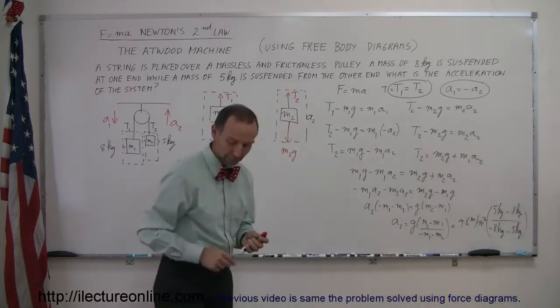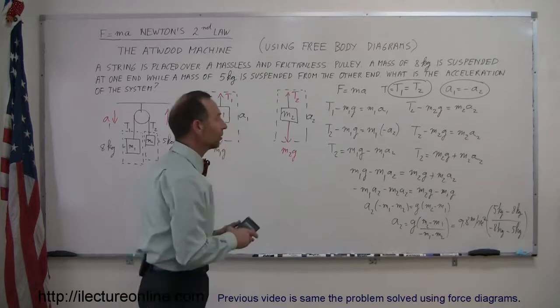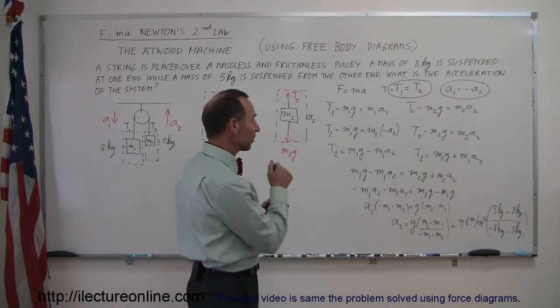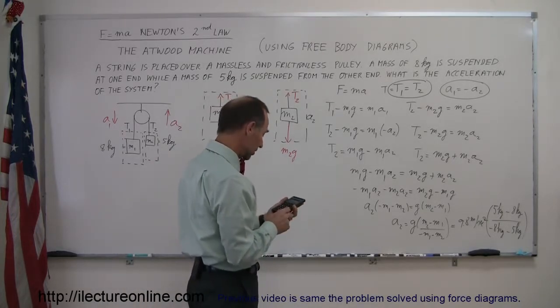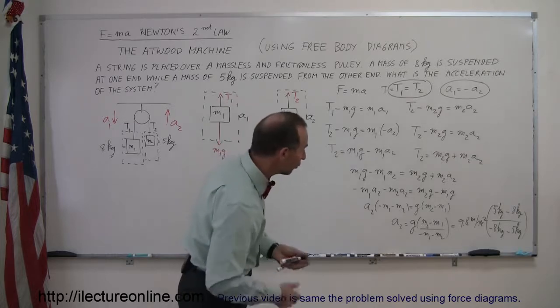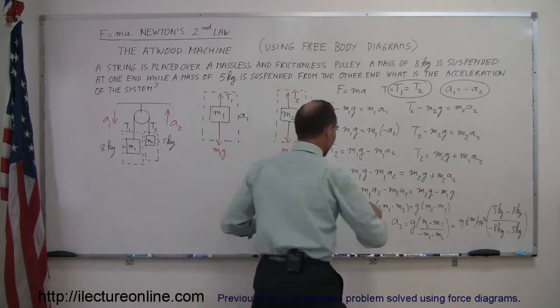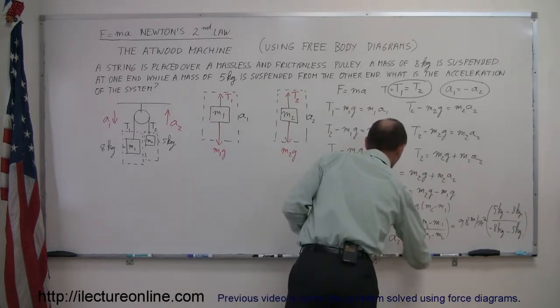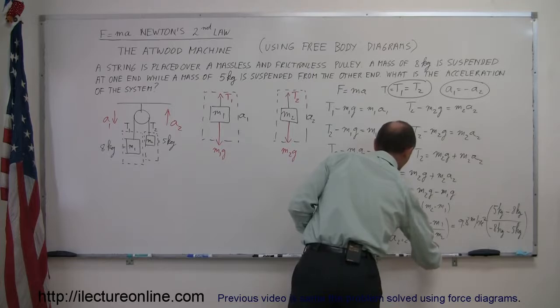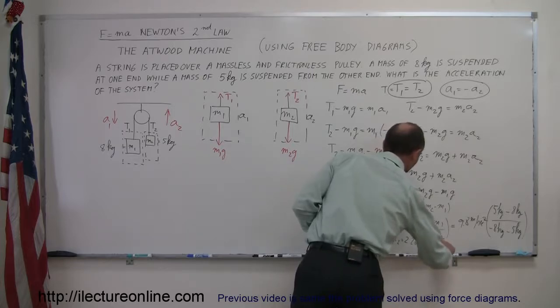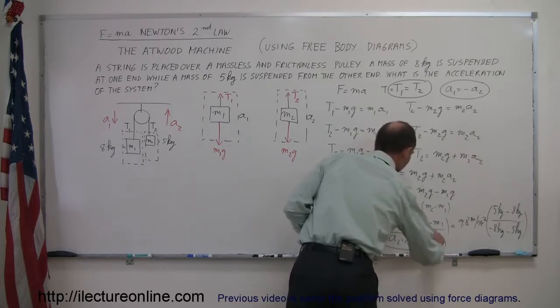All right, when we add all that together, that gives us a minus 3 at the numerator, minus 13 in the denominator, so 3 divided by 13 times 9.8, which is 2.26 meters per second squared. So A2 is equal to 2.26 meters per second squared to three significant figures.